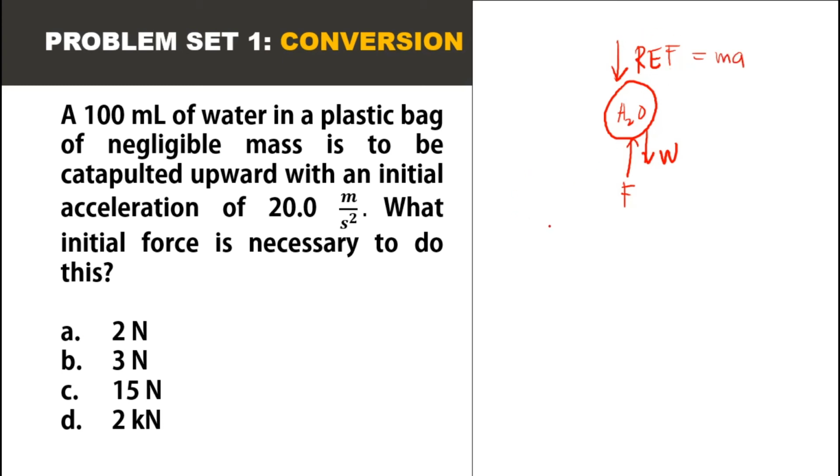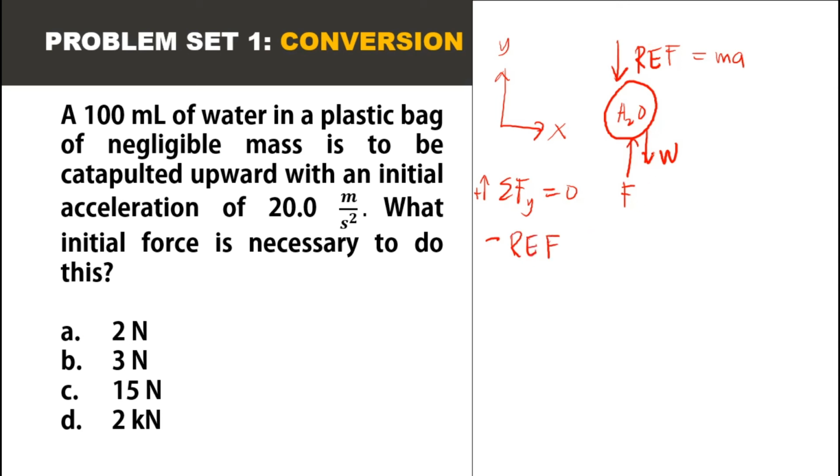And based on D'Alembert's principle, the summation of those forces involving the kinetic reaction is equal to 0. So let's say y is the vertical axis and x is the horizontal axis. We have summation of forces along y equal to 0. We assume positive as upward. So the reverse effective force is downward, so it is negative. That is REF.